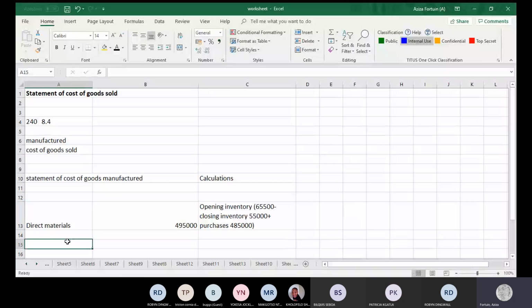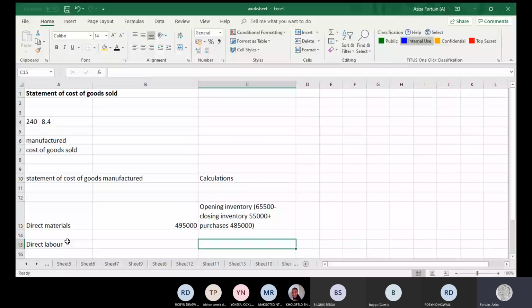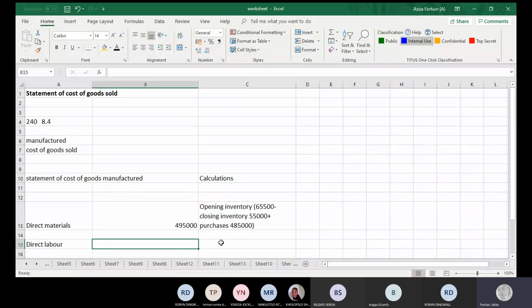Then your direct labor. What would the direct labor be? Anybody want to go? Anybody? Direct labor?